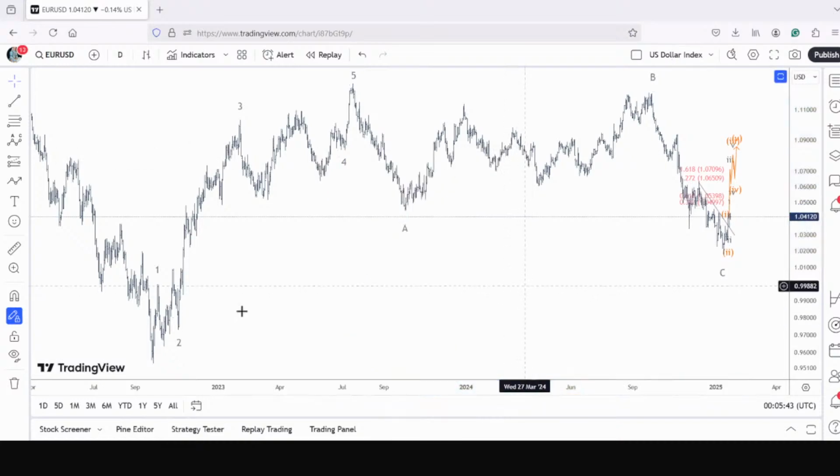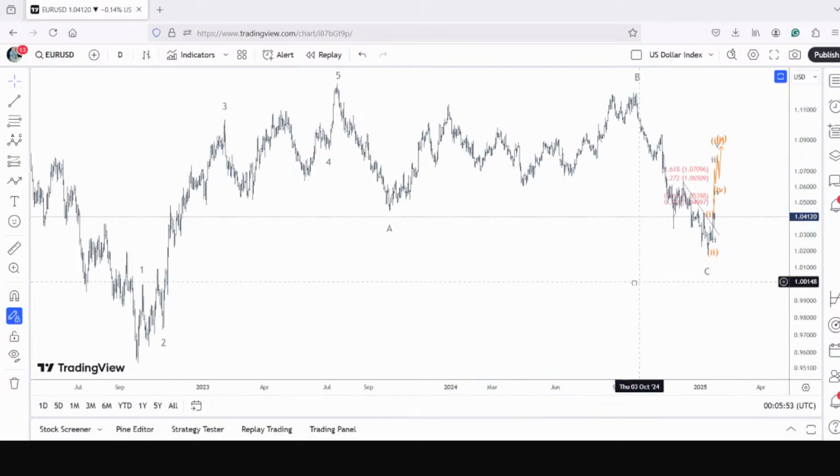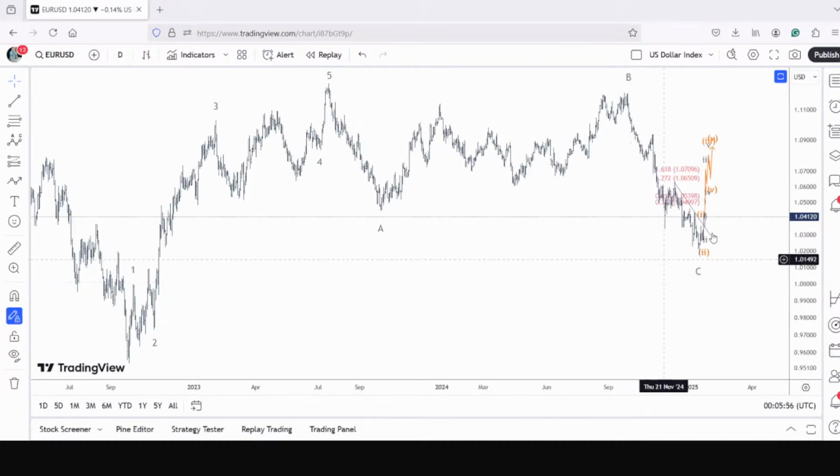All right, so with minor degree 5 waves up, followed by 3 waves down, what we are proposing, as a high probable count, is that we are going to see 5 waves up at least at a minor degree. If the entire structure is an intermediate ABC, or if the entire structure is going to be an impulse at intermediate level, then we are going to see 5 and then again 3 and again 5 to complete the structure.